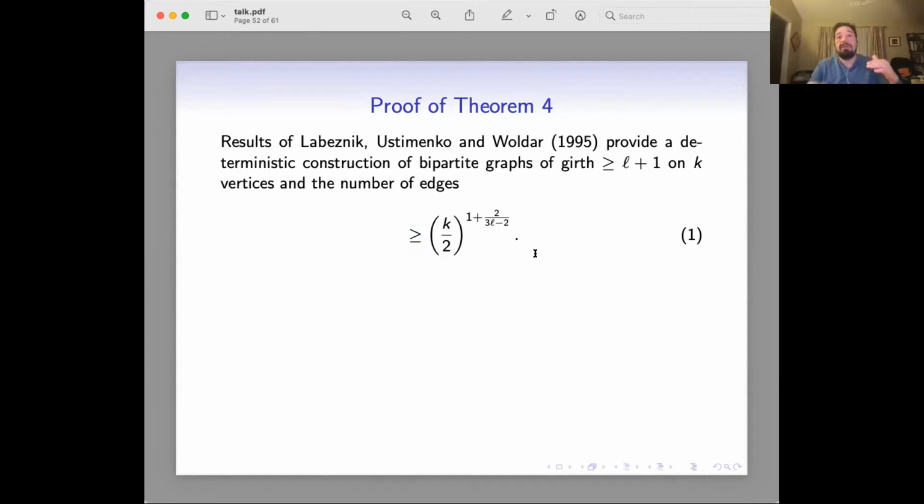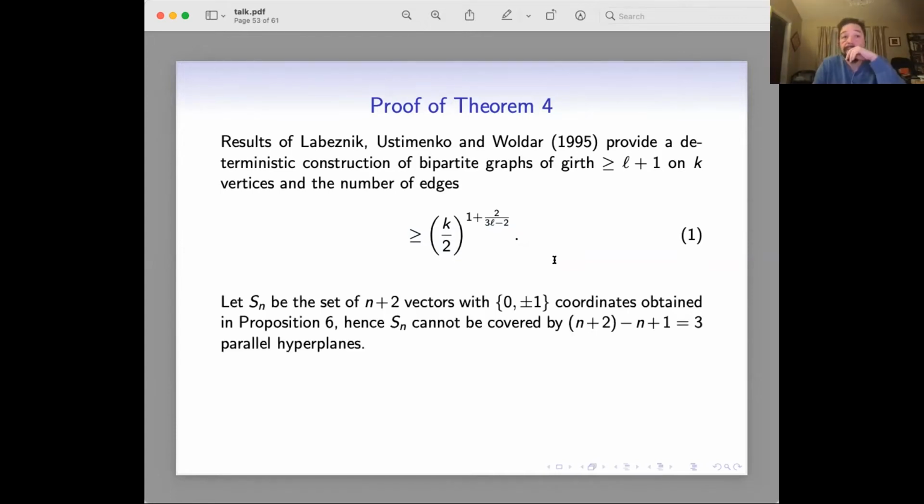Essentially you take a bipartite graph on K vertices and ask, how many edges can I throw in until I start getting relatively small cycles? If I want to avoid cycles of length L or smaller, then I can still build a graph with so many edges. That's what they prove.